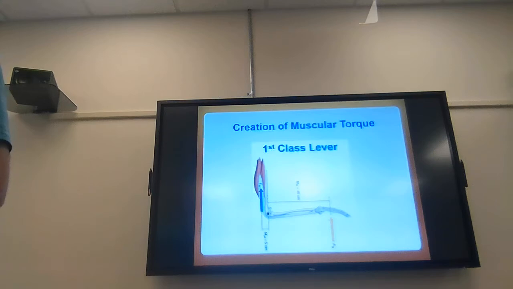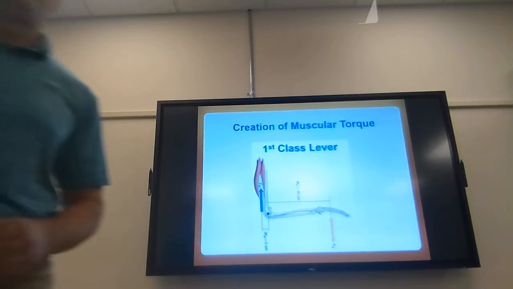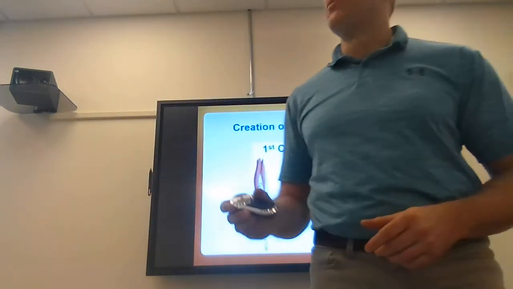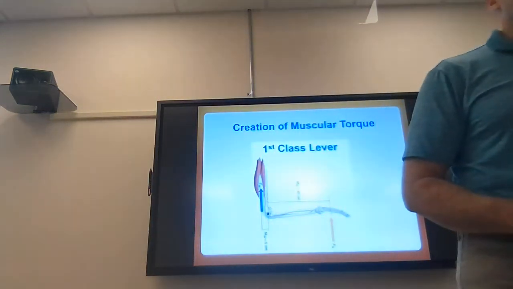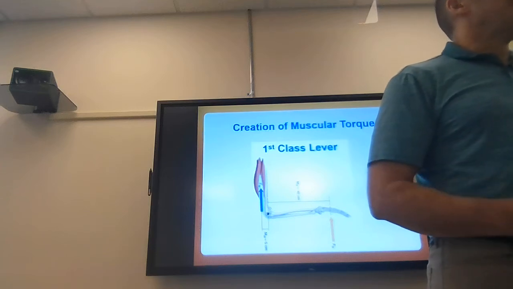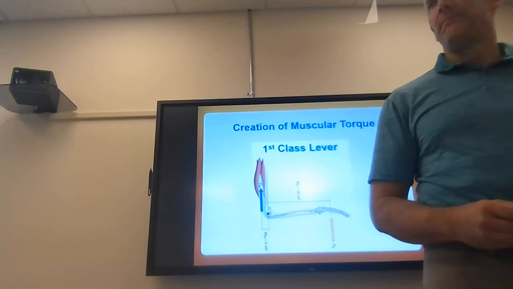So the muscles attach on the skeleton a certain distance from the joint axis. And so when muscles create force and they pull on their attachment point, it's the torque that causes joint rotation moment. So torque is the rotary effect of a force.